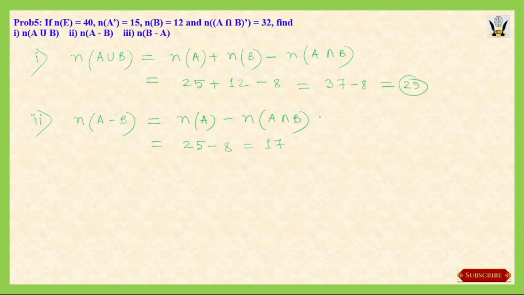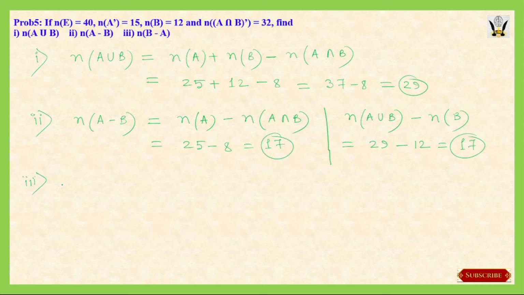Again we have another relationship, and that is the cardinal number of the union operation minus the cardinal number of the second set. The union operation we have already performed, and that value is 29, and the cardinal number of the second set is 12, that is given, and that value is 17. So from either one we can find that value.